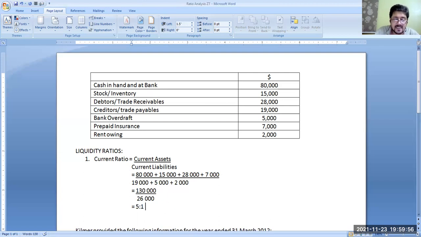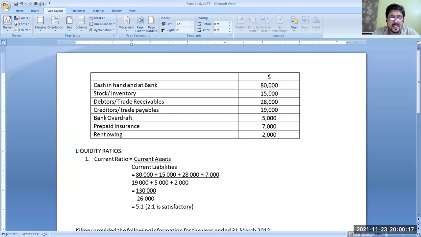What is the satisfactory current ratio? If your answer comes 2:1, 2:1 is satisfactory. But this answer is above the satisfactory level, so we can say it is a good, very good level, 5:1.